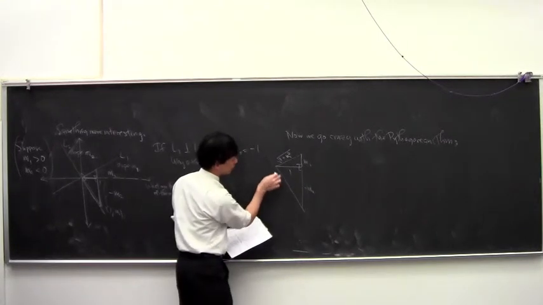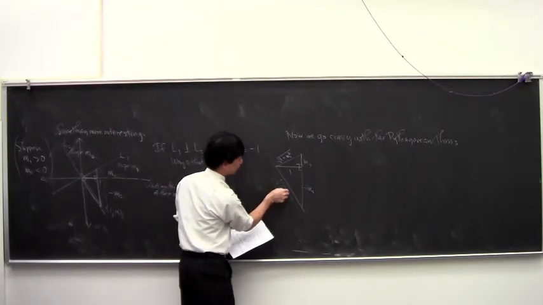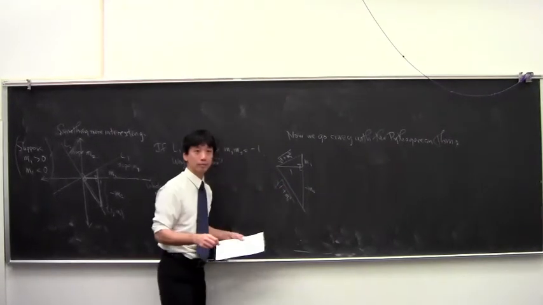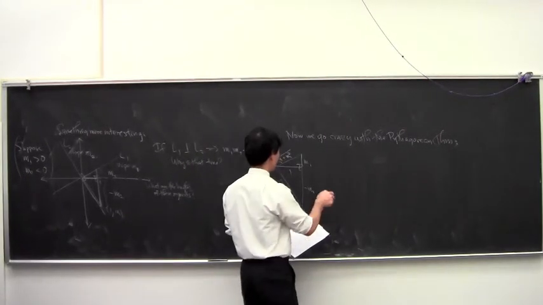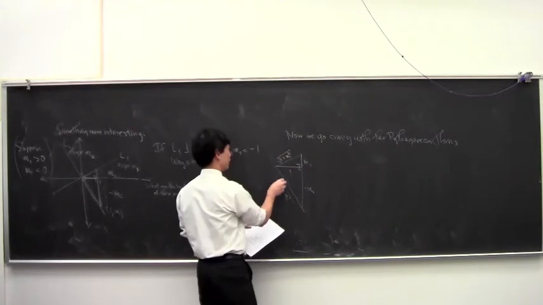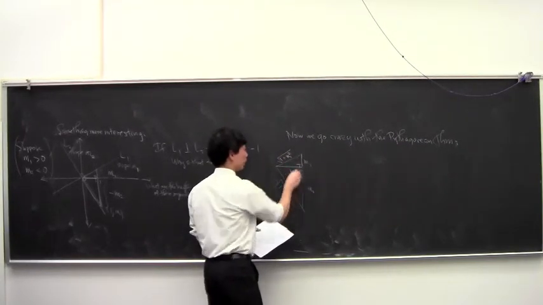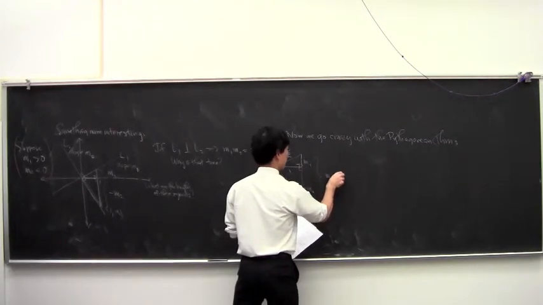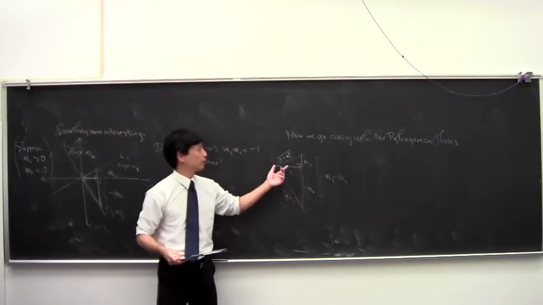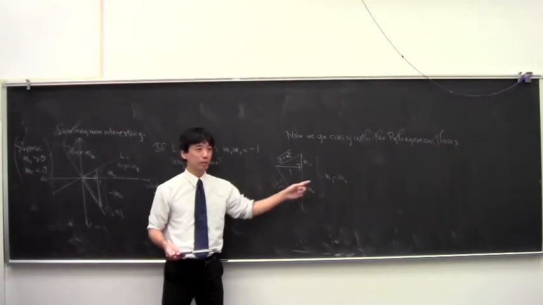This length is going to be the square root of 1 plus m2 squared. And this length is m1 minus m2, which is c. So a squared plus b squared equals c squared.